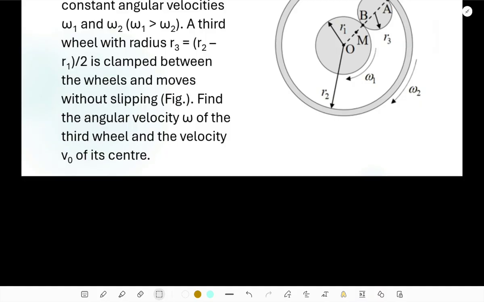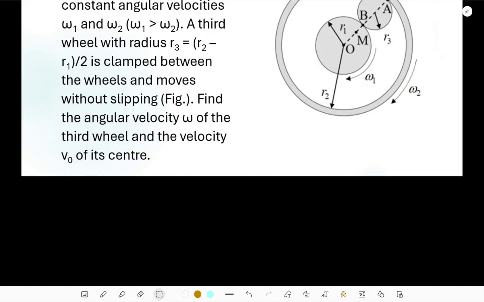So the first and the second wheels rotate, not translate. They rotate with angular velocities omega 1 and omega 2.